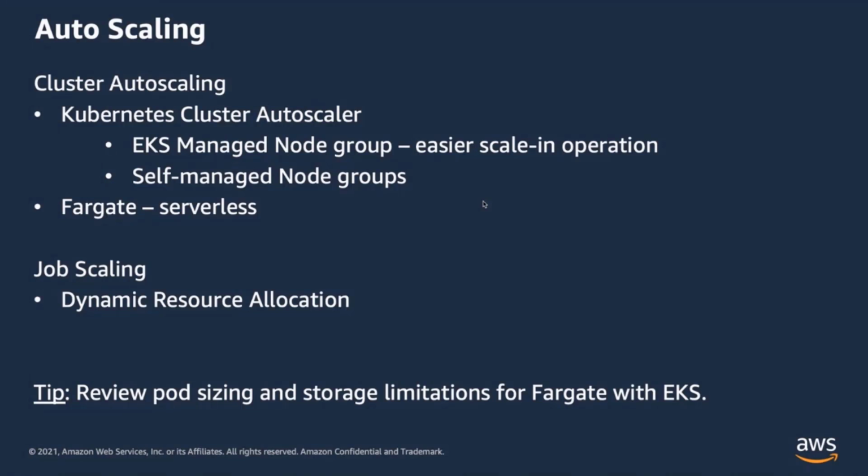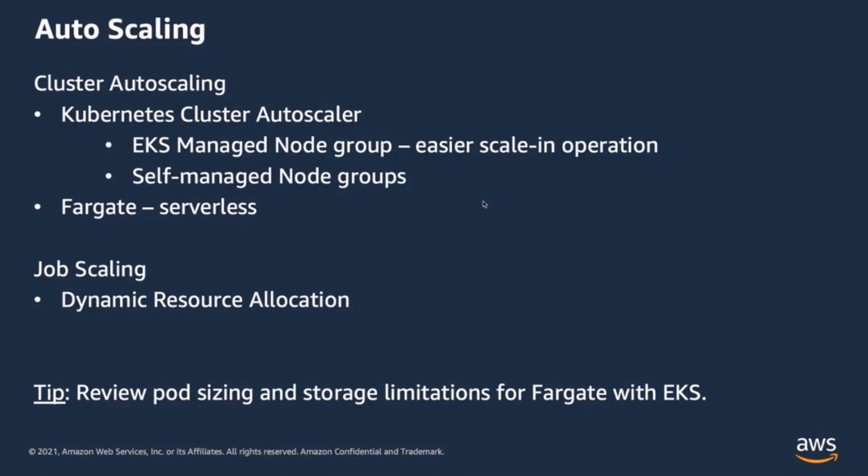With the EKS managed node group, the scaling becomes easier because the EKS service manages it for you, and you need to specify only the rules based on the metrics that you want to scale up and down. For self-managed node groups, though, you might need to install the termination handler to do a more graceful scaling. And with Fargate, you don't need to worry about the scale in and scale out configuration. Fargate takes care of that for you.